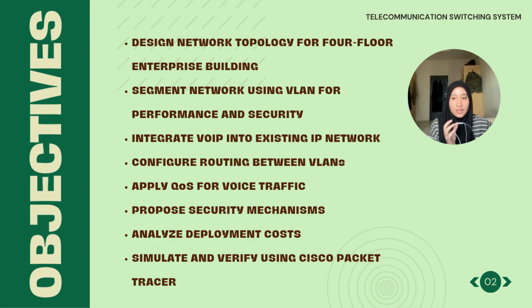Third, we integrate VoIP into the existing IP network so that voice communication can run using the data network. Next, we configure routing between VLANs so all devices from different floors can communicate. We also apply QoS, quality of service, to make sure voice traffic has higher priority compared to normal data traffic.